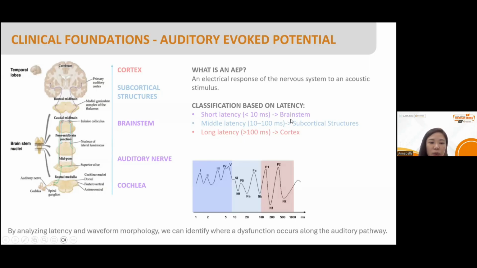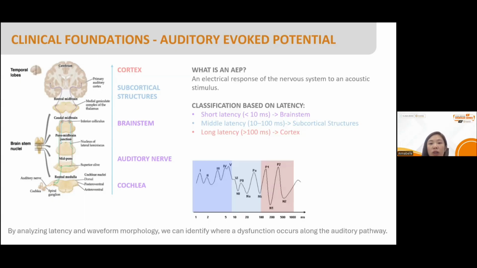For short latency, we measure up to the brainstem; for middle latency, up to the subcortical areas; and for long latency, up to the cortex.